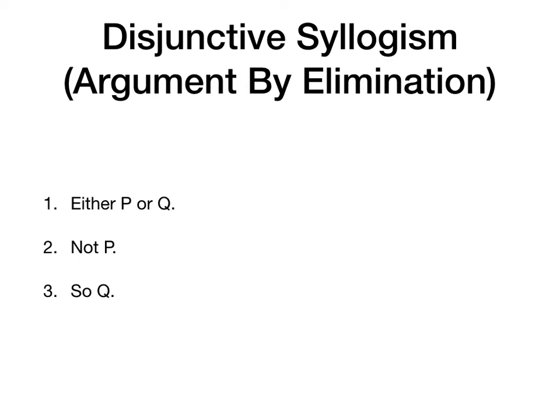We use this kind of argument, right? Either P or Q, not P, so Q. It's got to be one or the other. It's not one of them, so it's the other one.